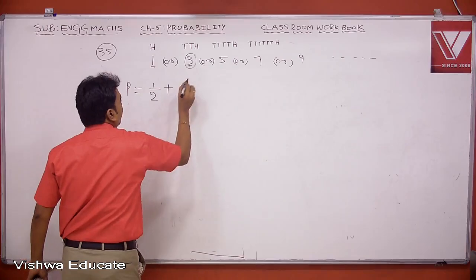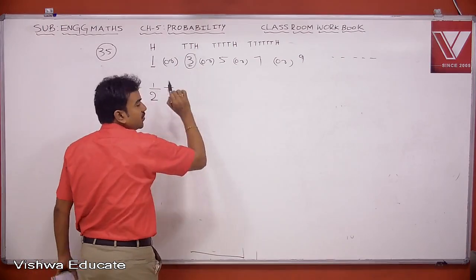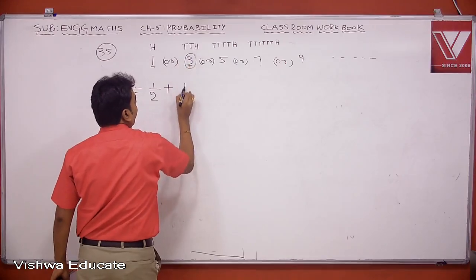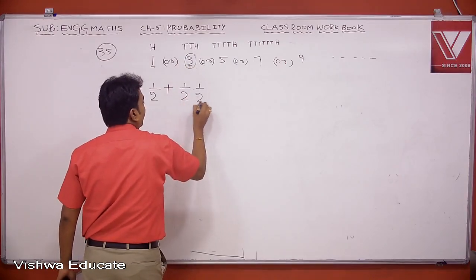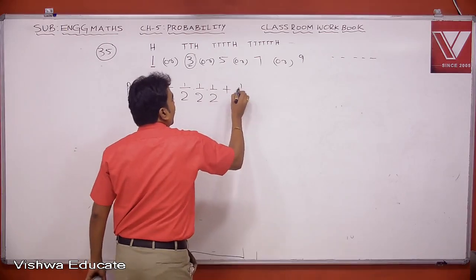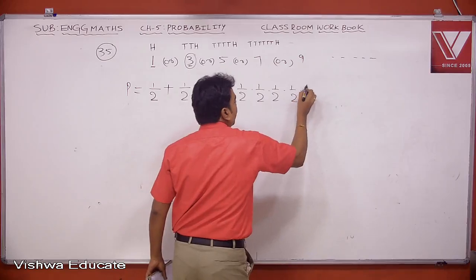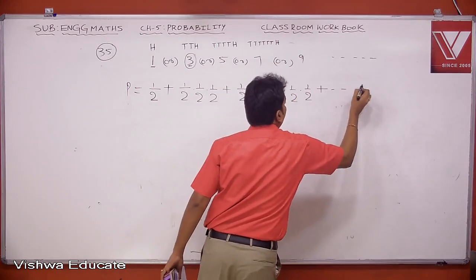Or means plus. These are independent events, independent experiments. Probability of getting tail is 1 by 2 into 1 by 2 into 1 by 2. So 1 by 2 into 1 by 2 into 1 by 2 plus 1 by 2 times 1 by 2 times 1 by 2 times, plus 1 by 2 times 1 by 2, plus and so on.